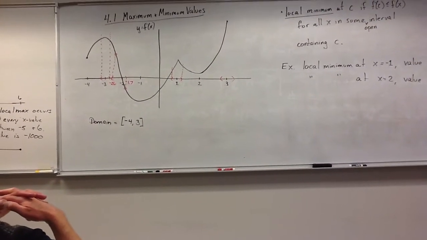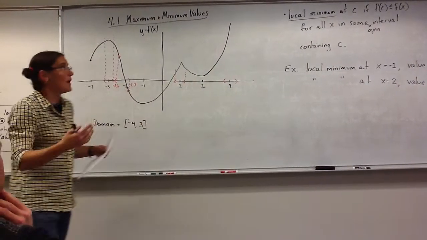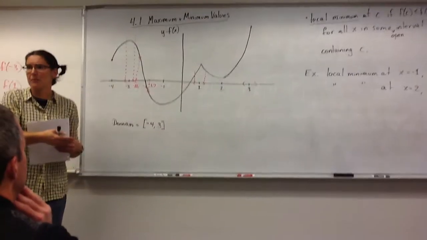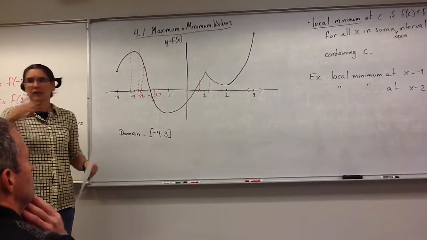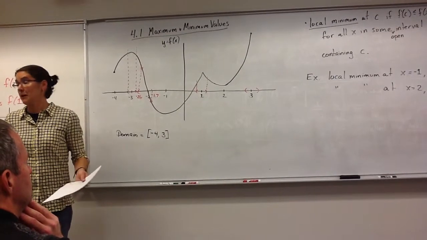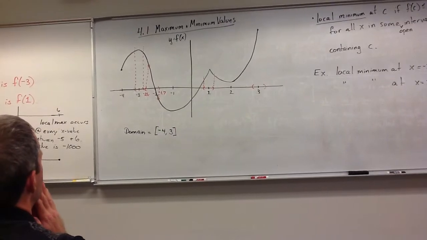All right, so as a collection, we talk about the absolute maximum and absolute minimum as the absolute extrema, and we talk about the local max and local min, we call them local extrema. Extrema is just max and min without clarifying what we're talking about.